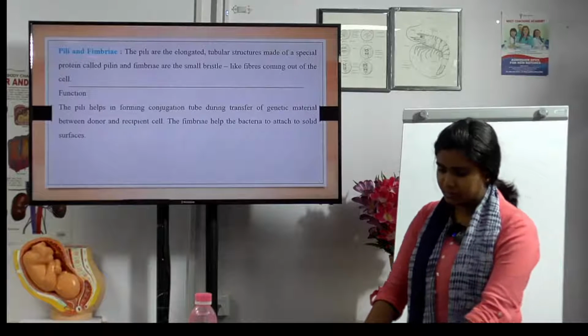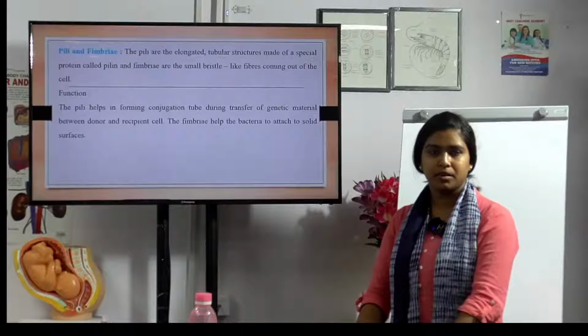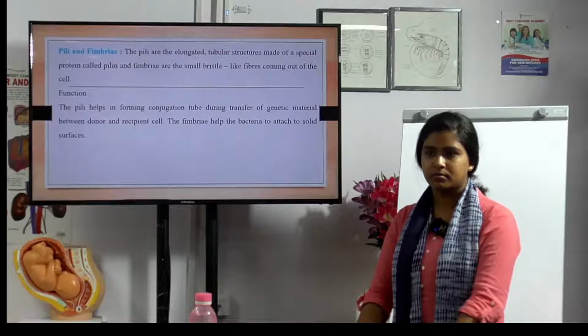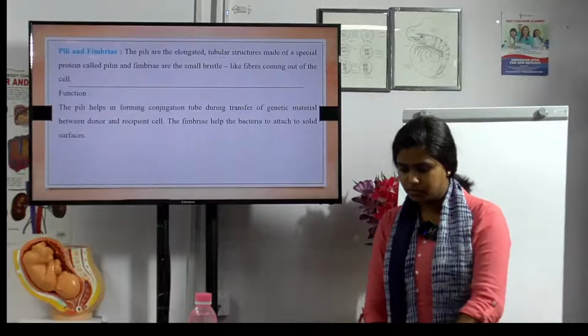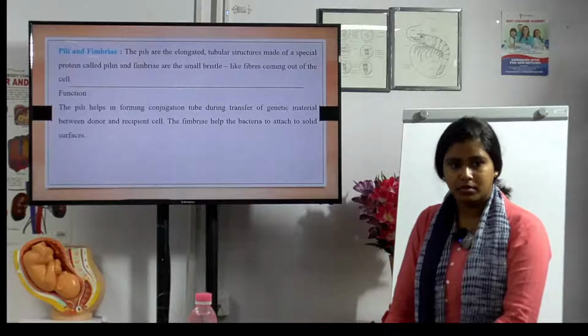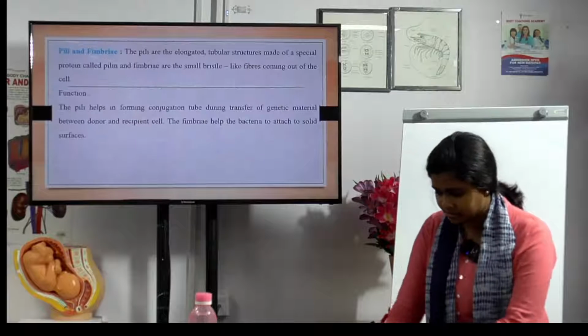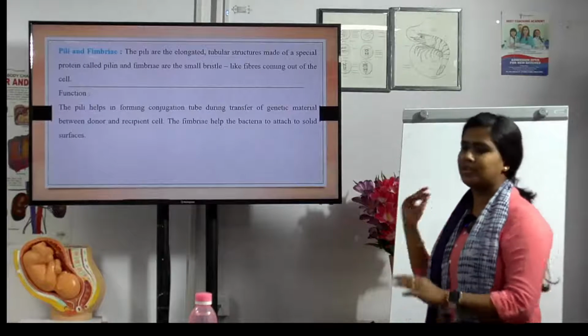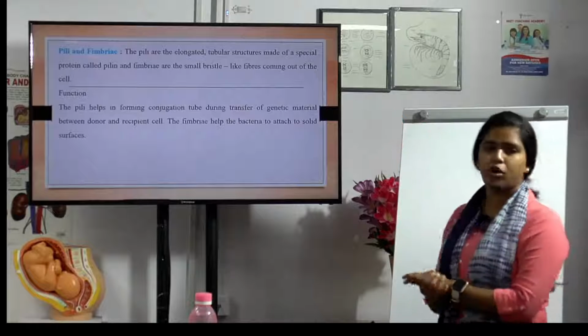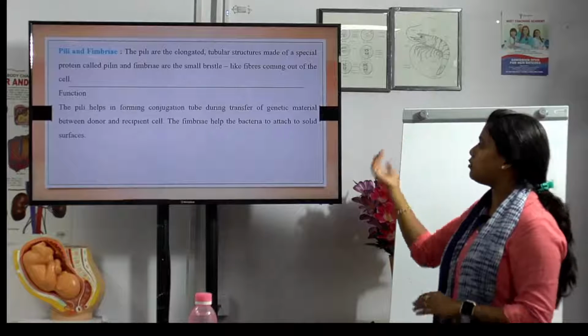Pili, for example Paramecium, covered fully. Pili are full projections, not like flagella. These are elongated tubular structures made up of special proteins called pilin, and fimbriae are very small bristle-like fibers coming out of the cell.